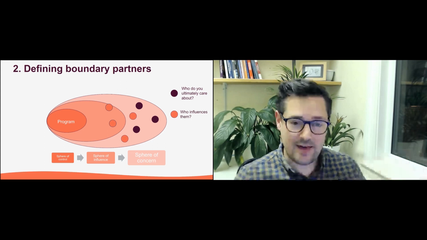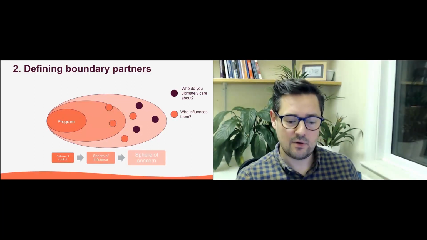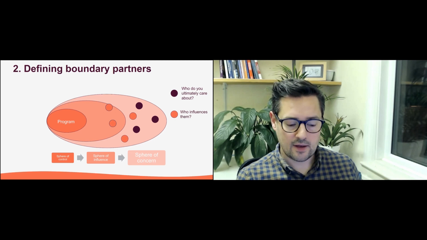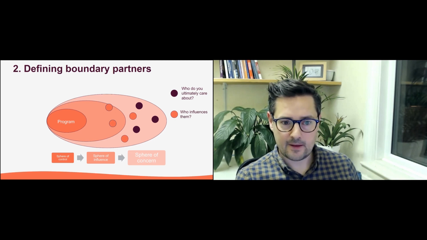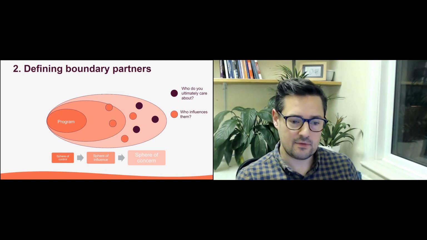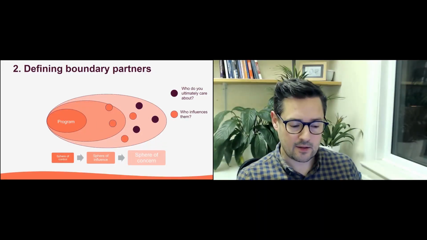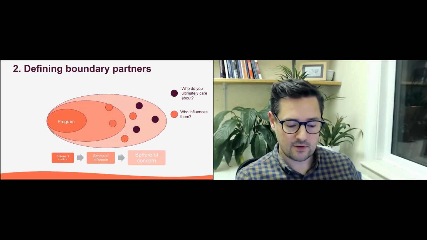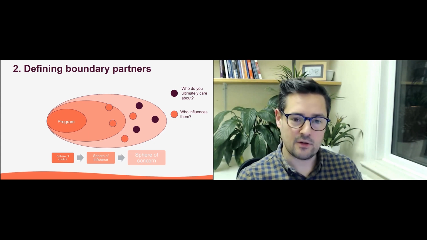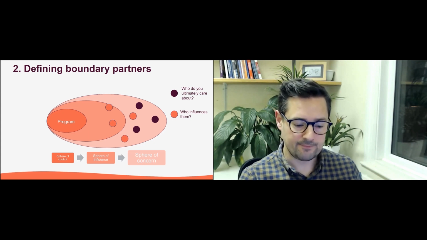And around them are going to be lots of others who influence them. They might be part of the government infrastructure. They might be private organizations. They might even be service providers and NGOs. There might be other communities that will somehow have an effect on those that you ultimately care about.